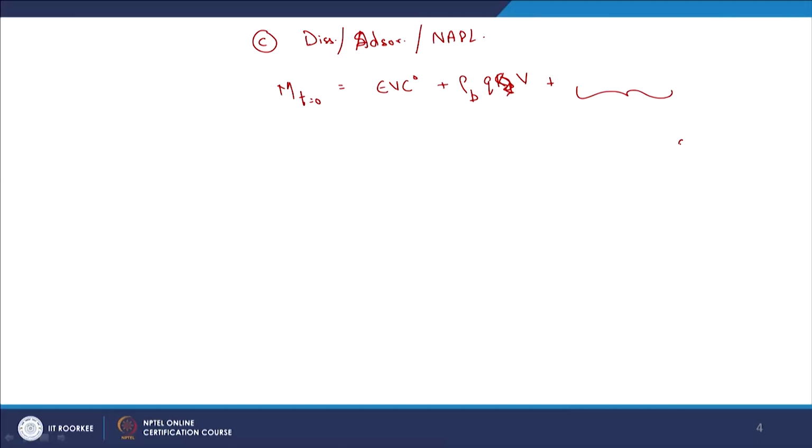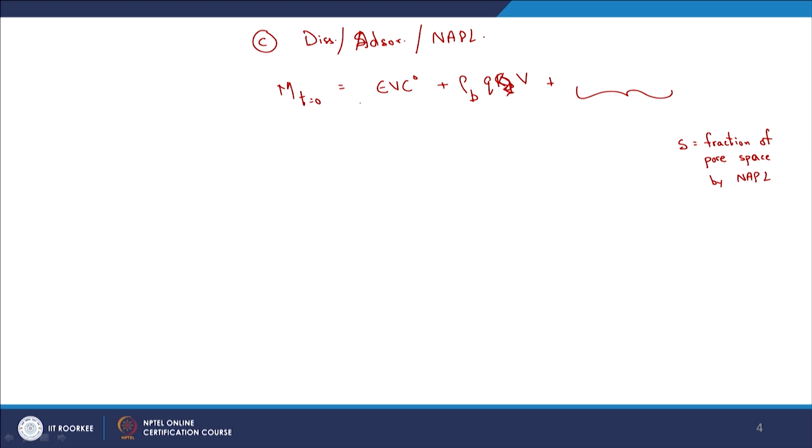It is going to be present in the pore space, right. And what is the pore volume here? It is epsilon V. So if you also have NAPL here, we have to assume that part of the pore space is filled by NAPL and the remaining part is filled by groundwater. So I am going to assume that S is the fraction of pore space that is occupied by NAPL.